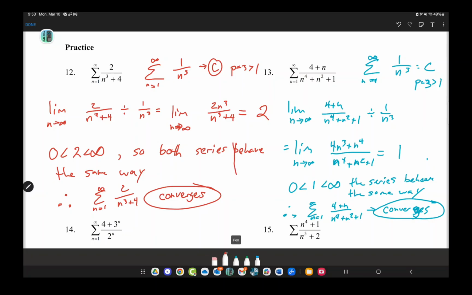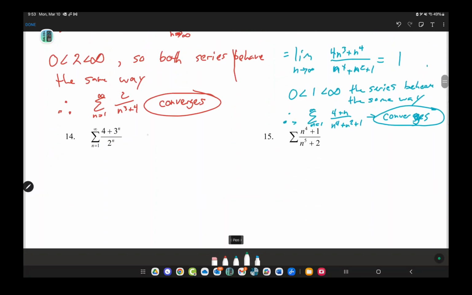So what we'll do, let's say that this is A of n. My B of n is the sum as n goes from 1 to infinity of 3 over 2 to the n. Now, does this converge or diverge? This diverges, because the absolute value of r is greater than or equal to 1.